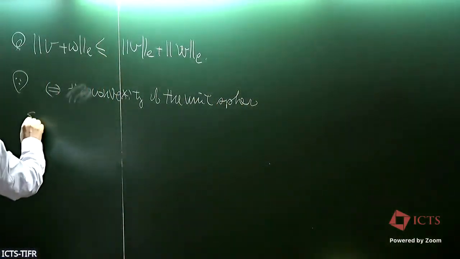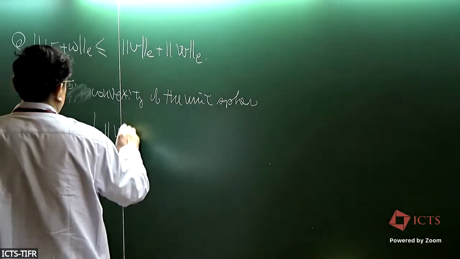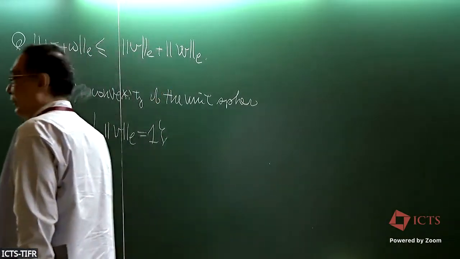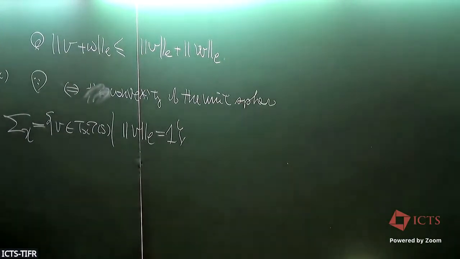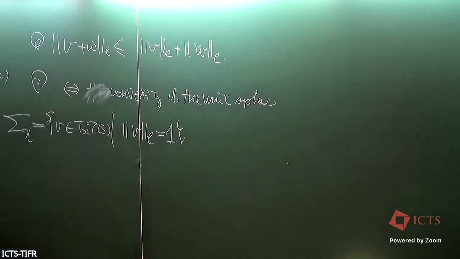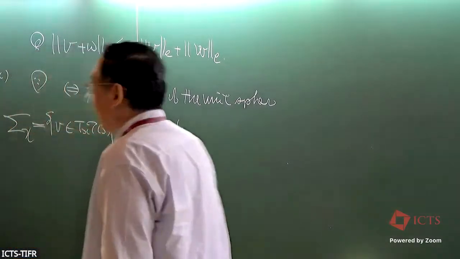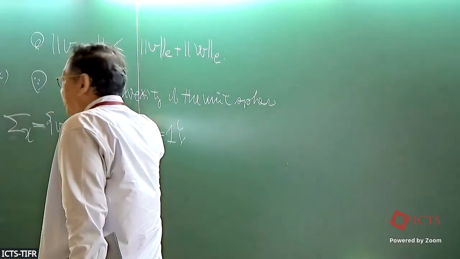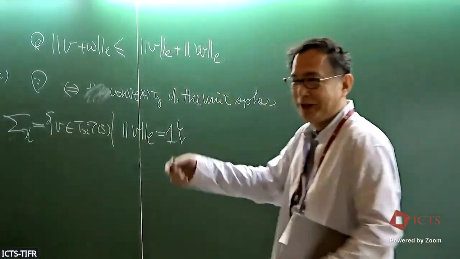So we consider V such that the norm is equal to 1, and we denote this by sigma sub x. We already used S of x in the last two talks to denote the unit sphere with respect to the Thurston norm, so this time I will use sigma as a symbol. If we can prove that this is convex, then the triangular inequality follows. These two are the same thing.